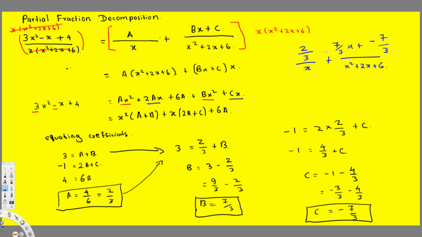We can simplify a little bit more: plus minus is going to be minus. So it's going to be 2 by 3 over x plus 7 by 3 x minus 7 by 3 over x squared plus 2x plus 6, and this is the partial fraction decomposition for this expression right here.